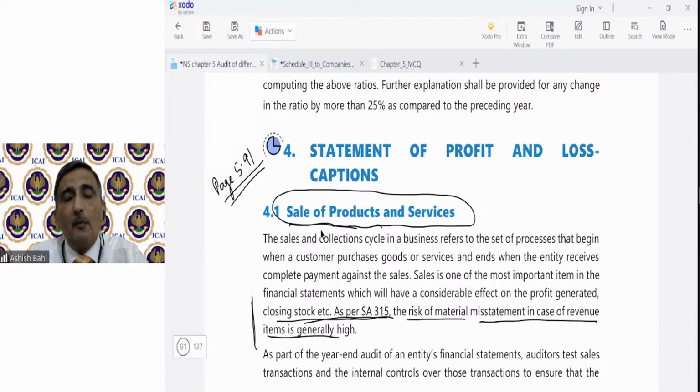So obviously he would be performing his usual procedures like testing a sample of sales invoices and tracing all those transactions from the moment the order was received and how the goods were dispatched. He would be verifying transport receipts, and he would be verifying that goods dispatched have been reduced from stock records, and these are also booked in sales account.